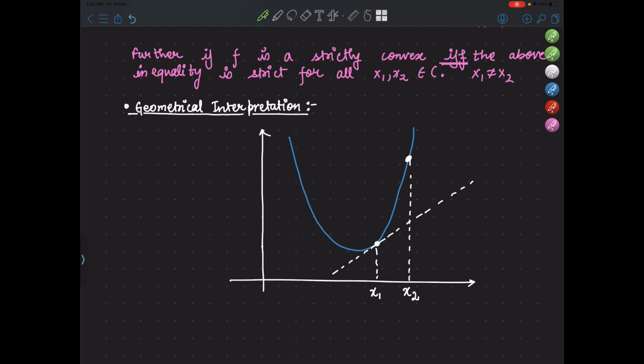This dotted line represents the linear approximation of f at x1.